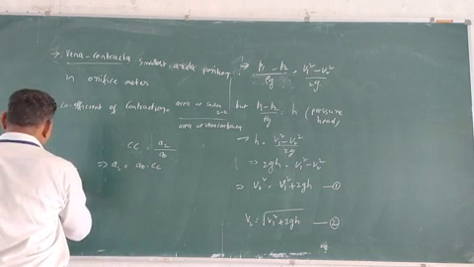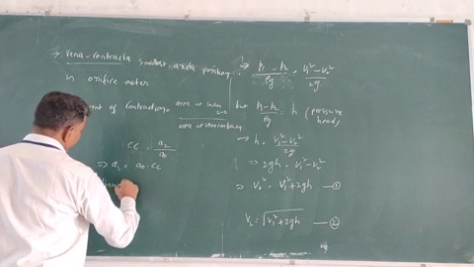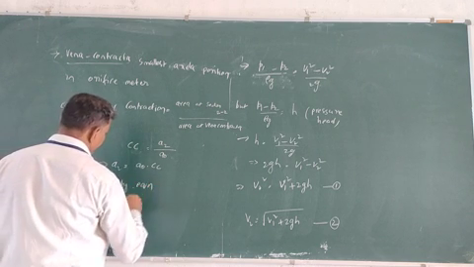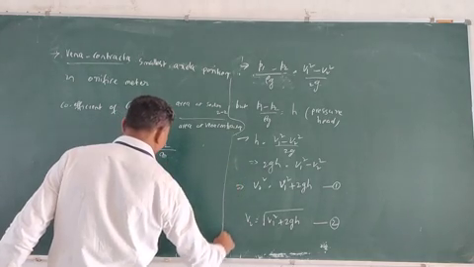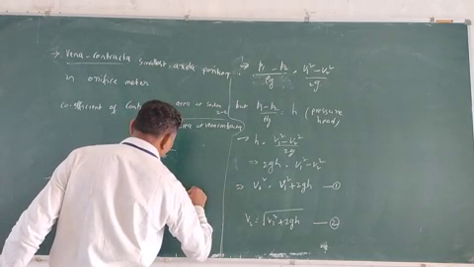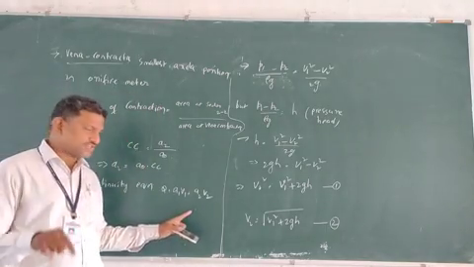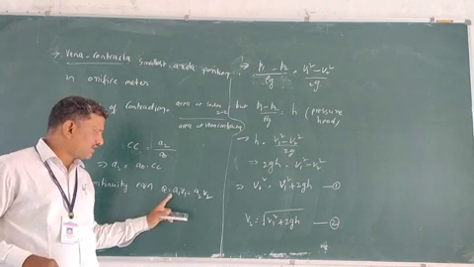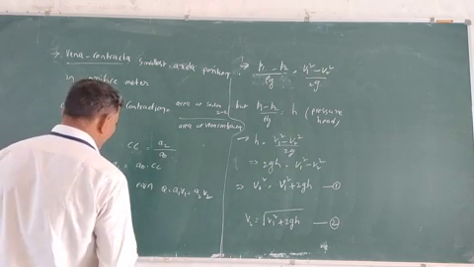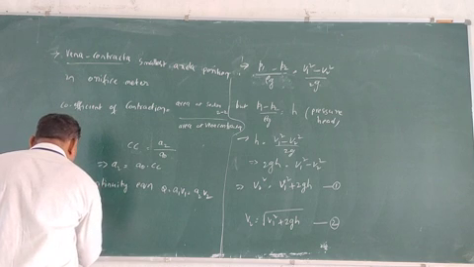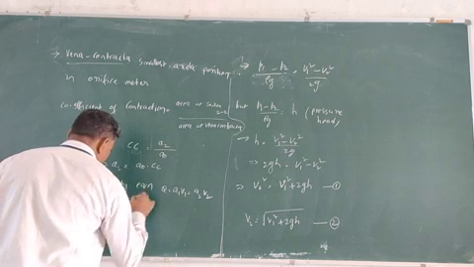Next, consider the continuity equation. Q is equal to A1 V1, that is equal to A2 V2. Here we are considering two sections, and that is why we are using A1 V1 is equal to A2 V2.